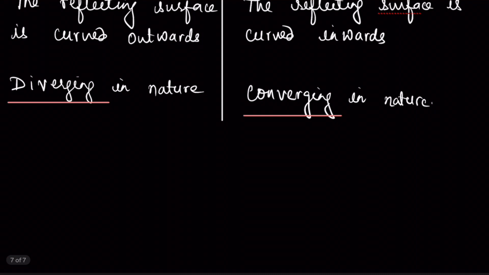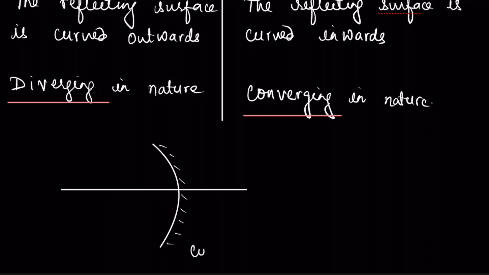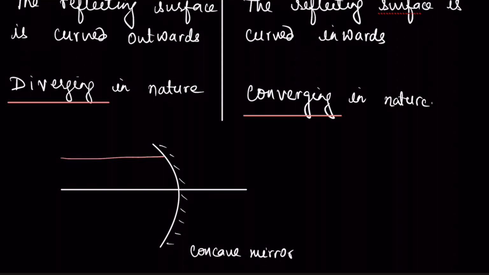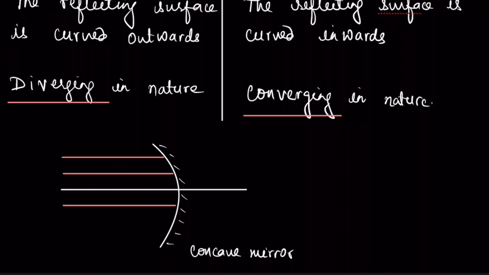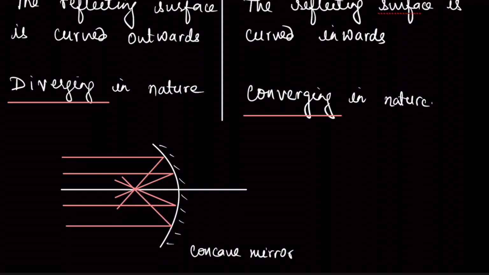If I have a concave mirror and we try to pass many rays through it, what we will notice, all the rays will converge and they will meet at a point.